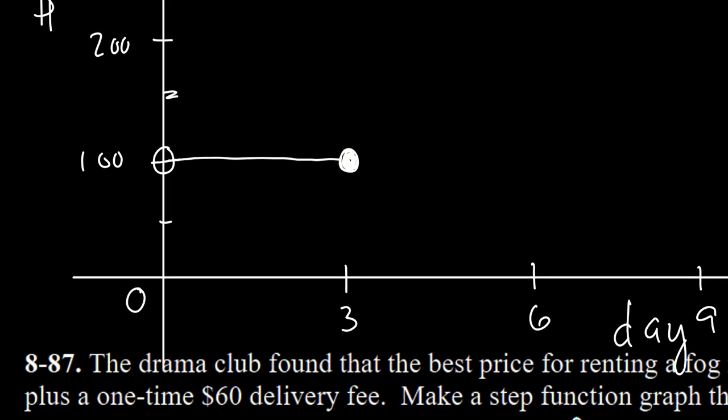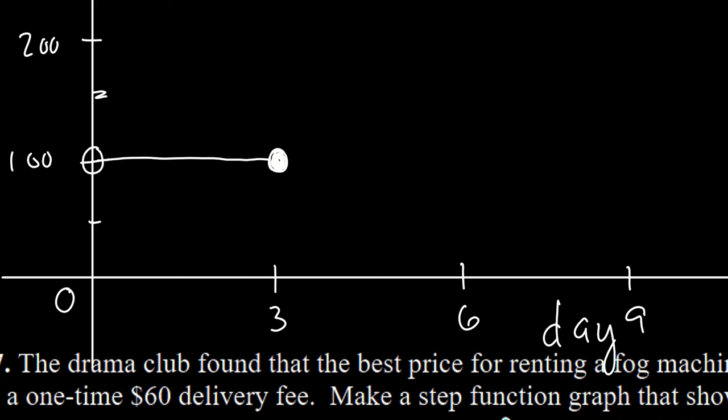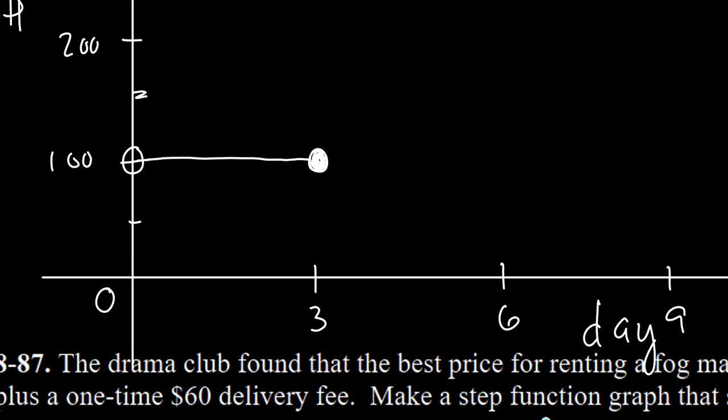Now I need to add another $38, which is close to 40. So for the next group of days, somewhere below the 150, like in here, it's going to be an open dot, because what do you pay for 3 days? You pay the bottom dot, this one. But from 3 days onward, up to and including the 6th day, I've got a solid dot here.